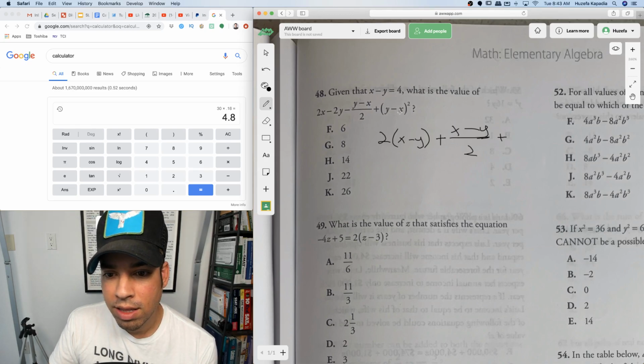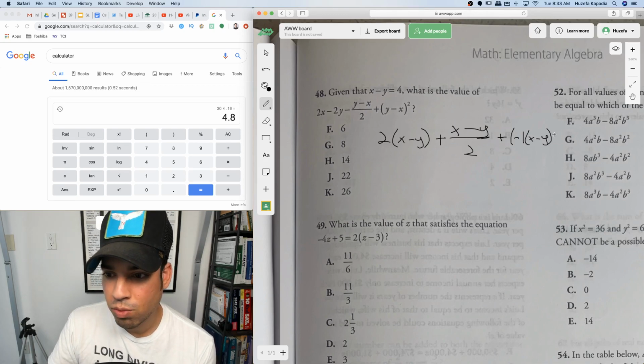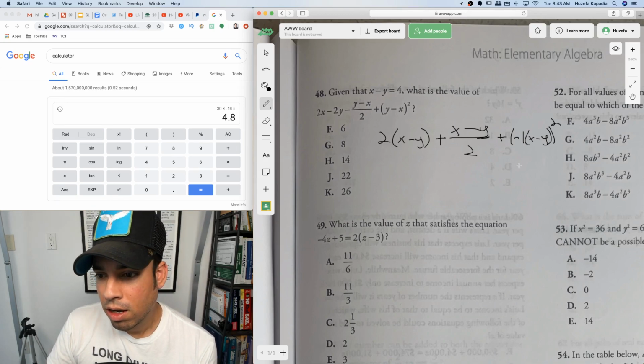Plus, and then this guy, I'm going to factor out a -1, not outside of the exponent though, of course. So it's going to be -1 times x minus y, because that's the same thing as, if I distribute it, y minus x. So we just square that, right? And that's pretty cool. So now I can just substitute in for all those spots.